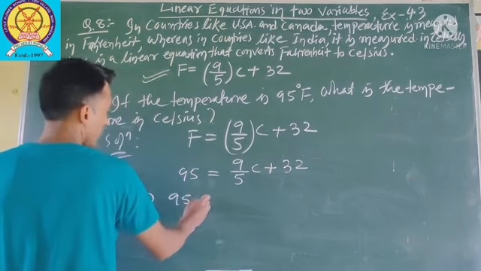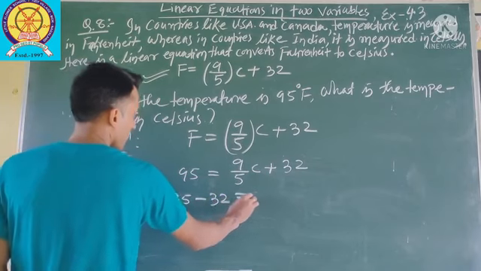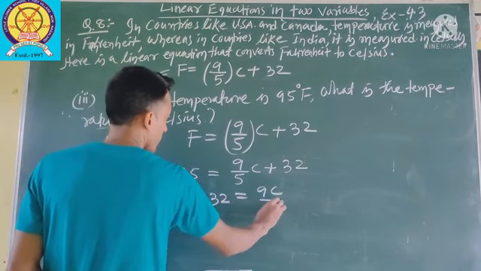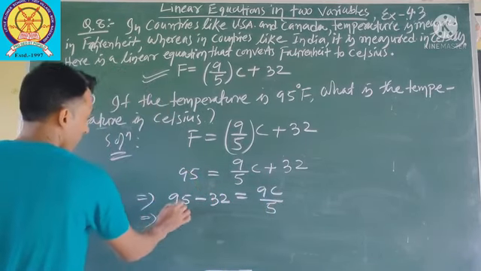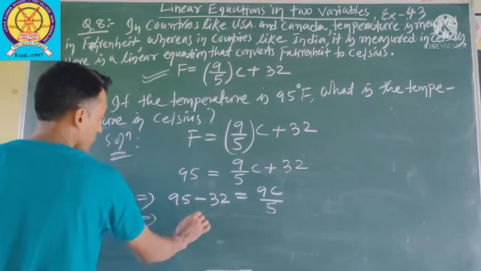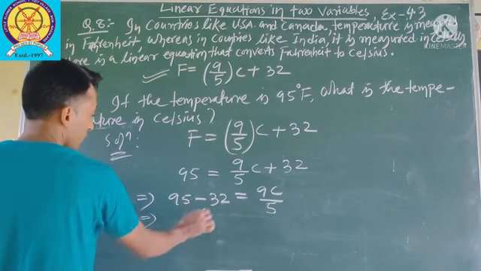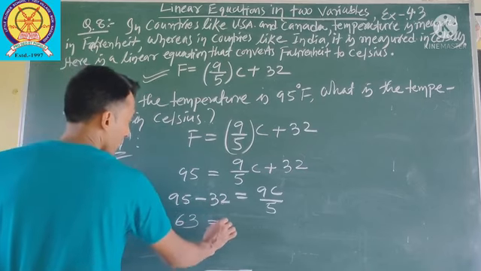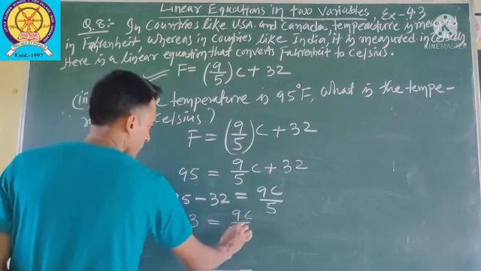This 32 you take to the left side. 9C by 5 equals 95 minus 32. 5 minus 2 is 3, 9 minus 3 is 6, so 63.